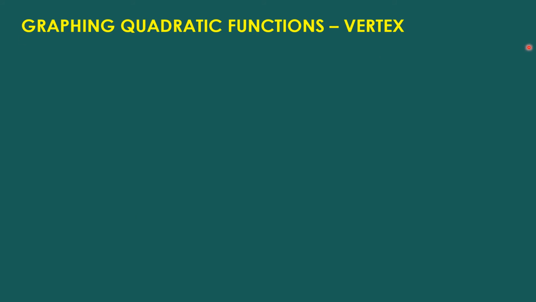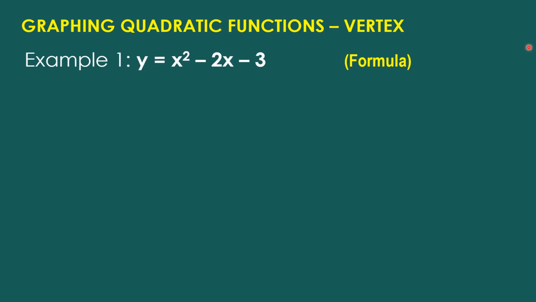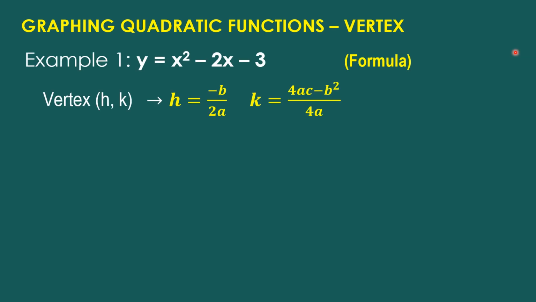Now, let us use the second method in finding the vertex, and that is through the use of a formula. Remember, the formula in finding the vertex is h equals -b over 2a and k equals 4ac minus b squared over 4a. In this quadratic function, the value of a is 1, b is -2, and c is -3.